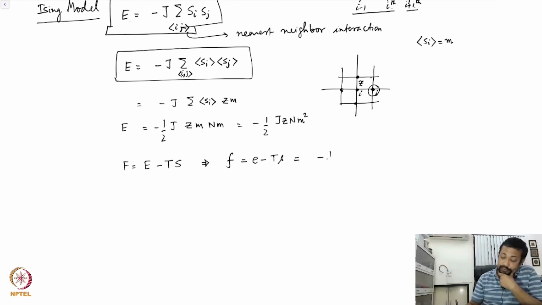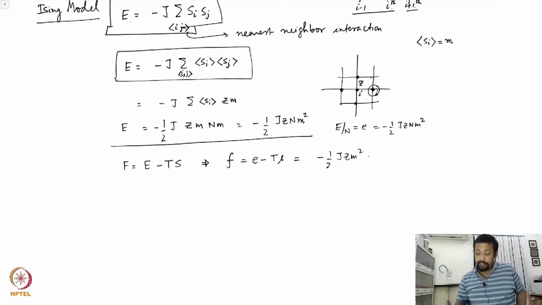The small e is minus half J Z m squared, which we immediately see over here. E over N is equal to small e is minus half J Z m squared, minus T times the small s, right?